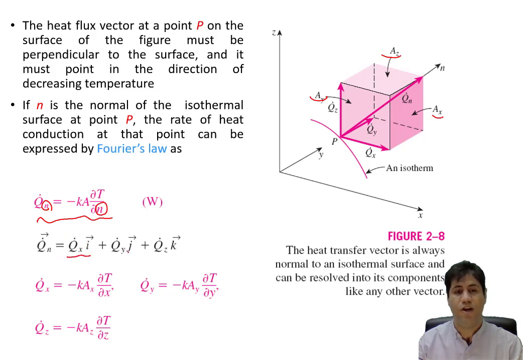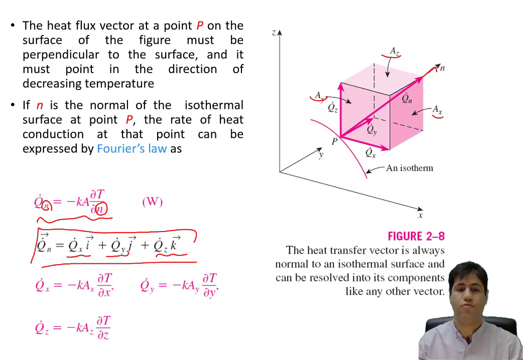If you remember, we have resolved the q dot n into its components. q dot n is in this direction. If we resolve it into its three components, it will be like this: q dot n equal to q dot x i plus q dot y j plus q dot z k. If you remember from mathematics, this is the procedure to resolve a vector into its components.